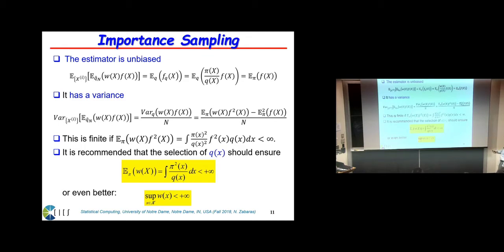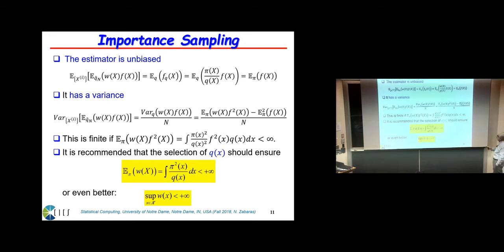So here you have W squared F squared times Q, because the expectation is with respect to Q. W squared will give you pi squared over Q squared, the Q squared and the Q will cancel. One of the pi over Q's will give you W, the other pi will give you the expectation with respect to pi. Just playing with arguments here just to make things look nice, okay? So this is what you get minus that.